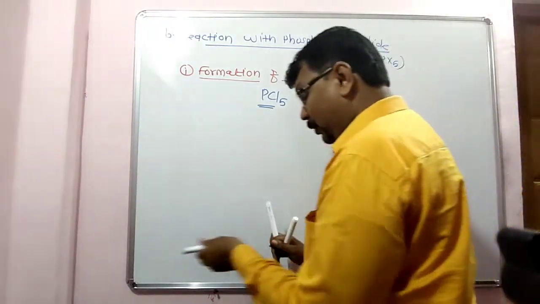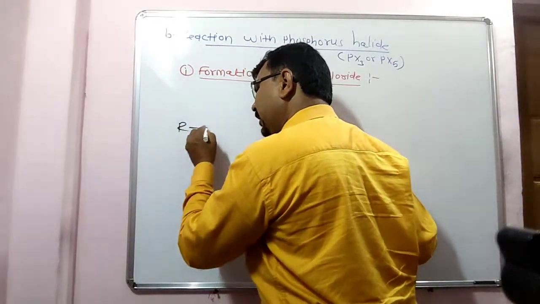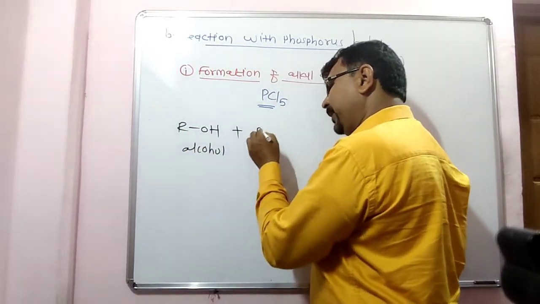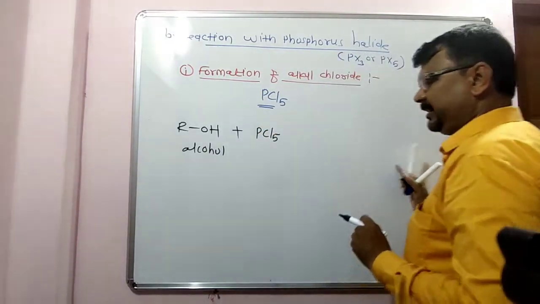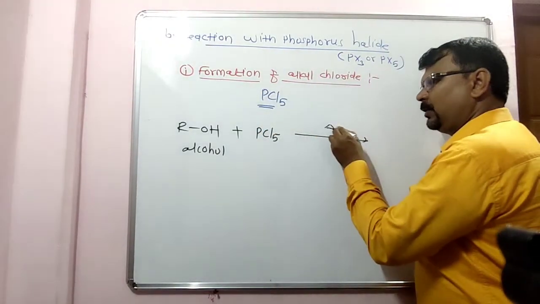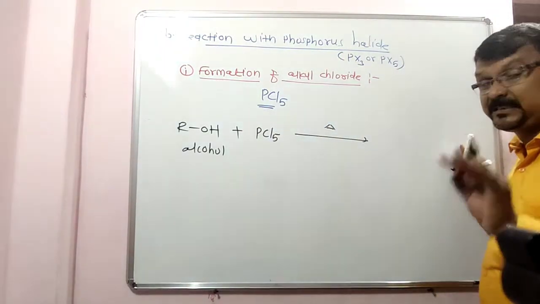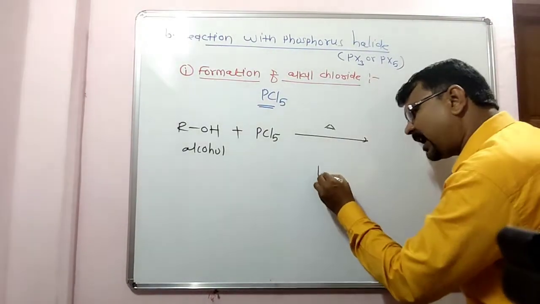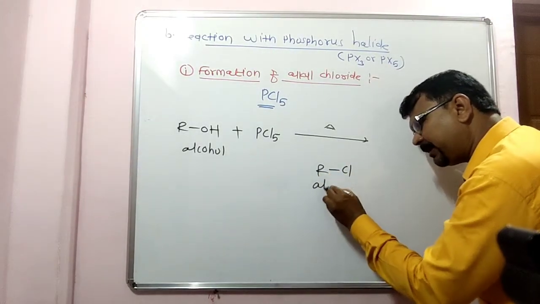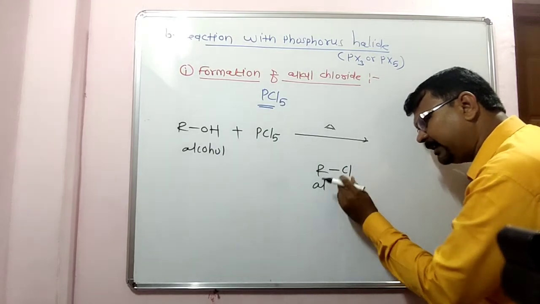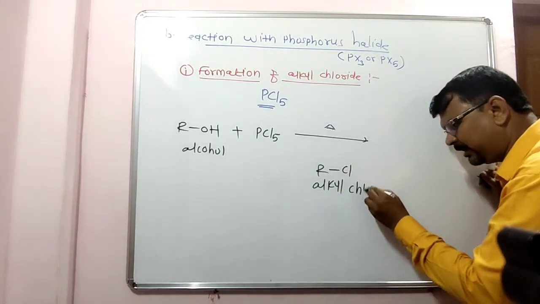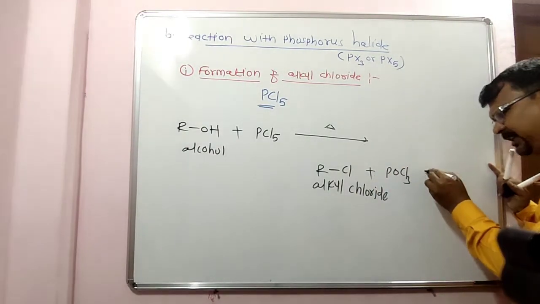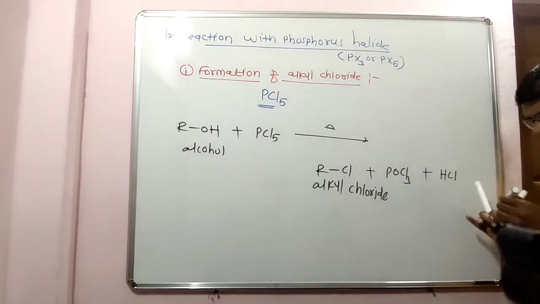Look here, the general reaction: alcohol ROH heated with PCl5. The OH minus ion is replaced by the Cl minus ion. Type is a nucleophilic substitution reaction. The product is RCl, alkyl chloride, plus phosphoryl chloride POCl3 plus HCl.